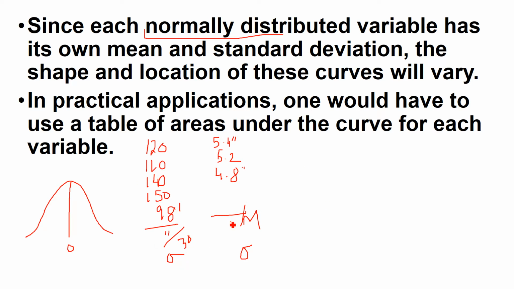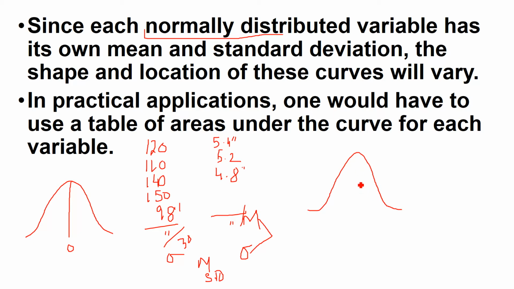So from this point we conclude that the shape of this curve depends on two factors, which are mean and standard deviation. And these shapes are different for each variable. Why? Because each variable has its own mean and own standard deviation.